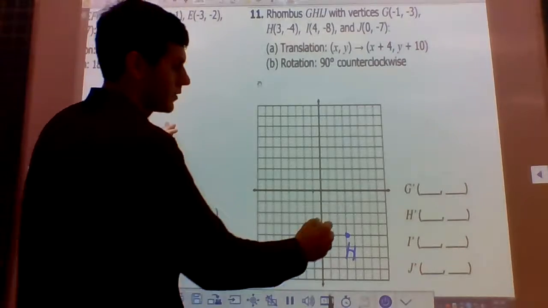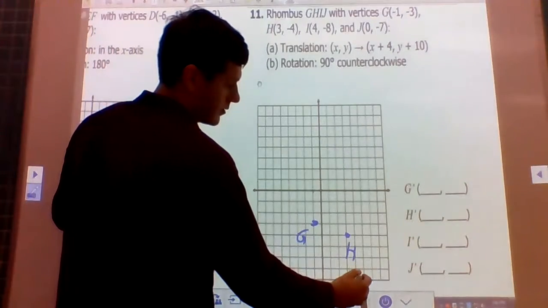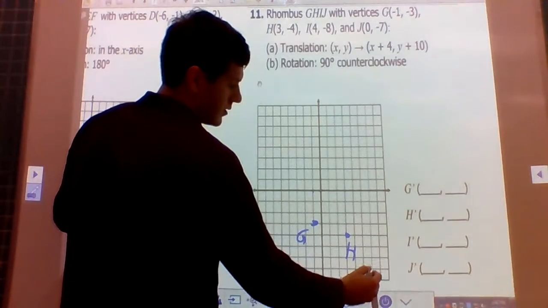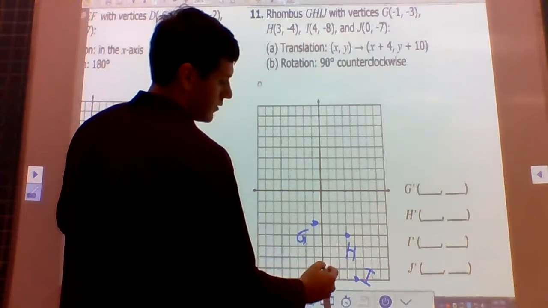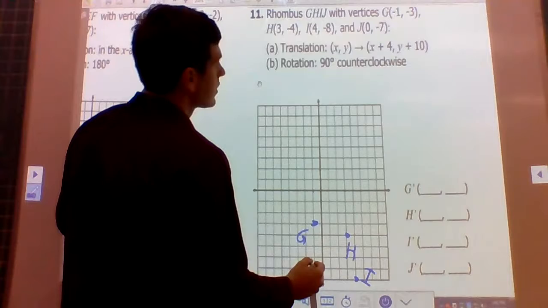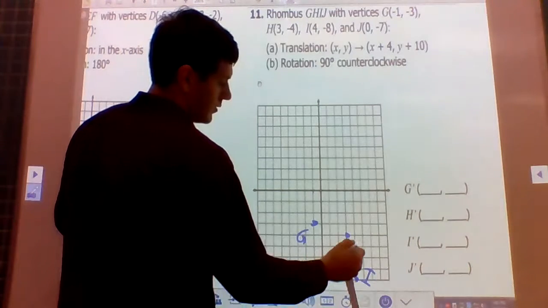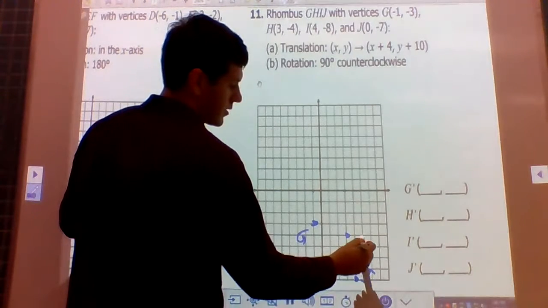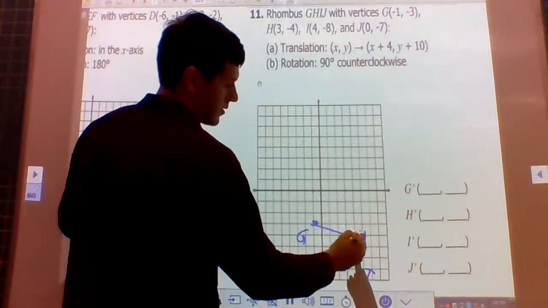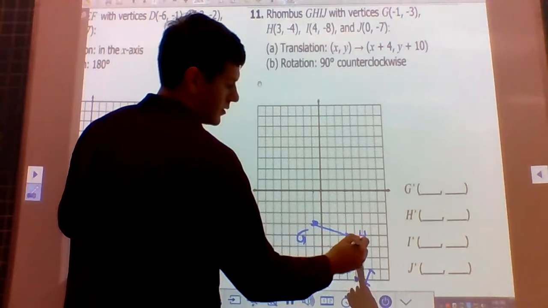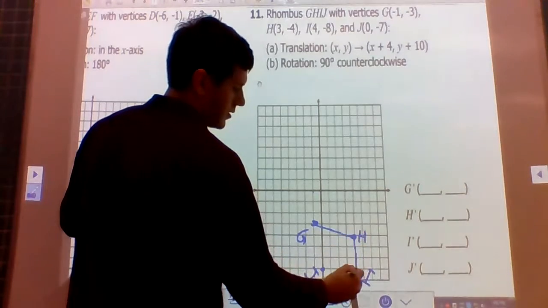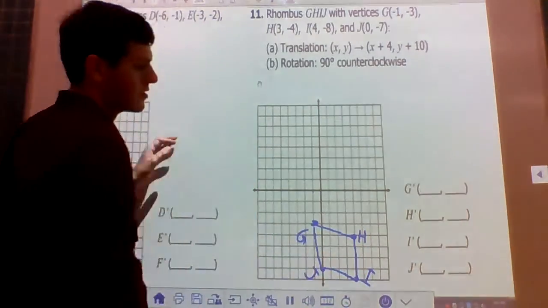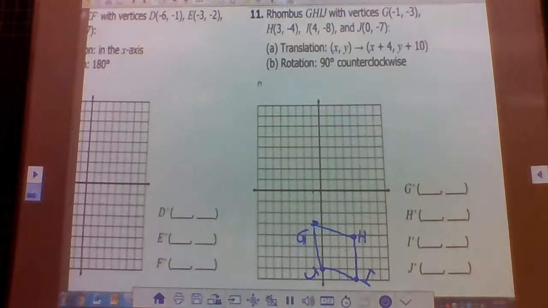I is 4, negative 8. And then 0, negative 7 is J. There's a rhombus. All those sides are equal.